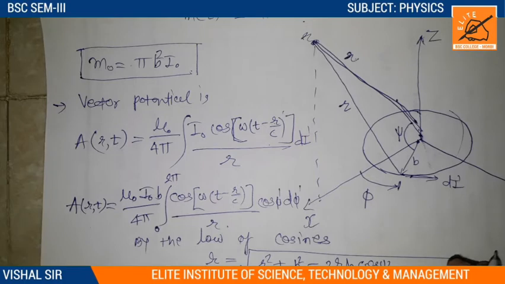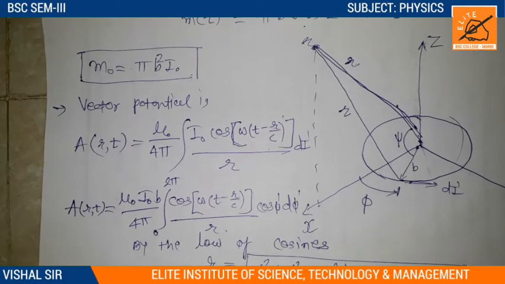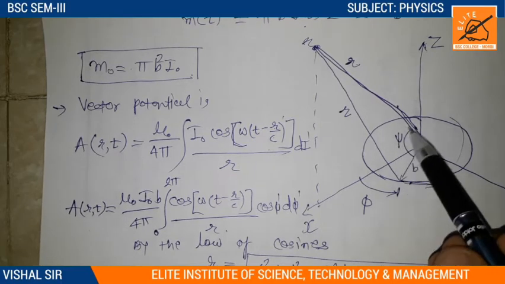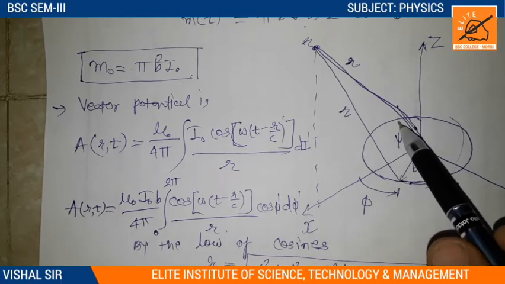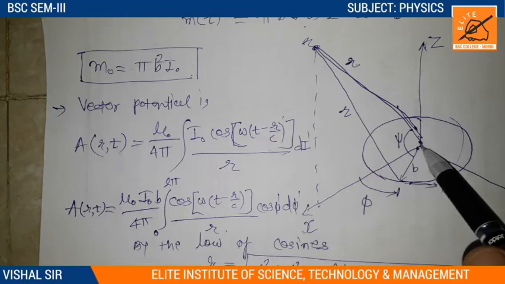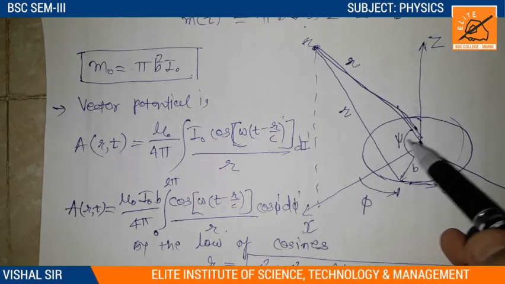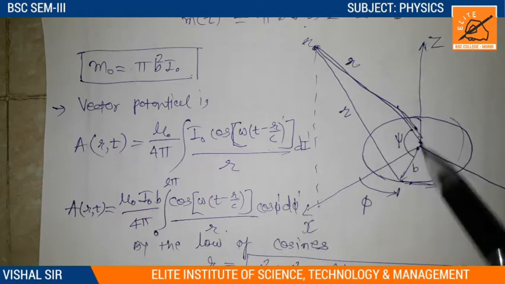This is the law of cosines. Here psi is the angle between vector r and b; this one is b and this is the vector r.